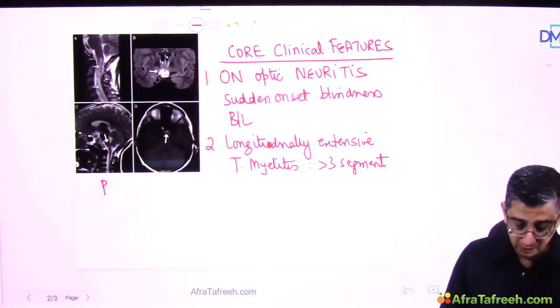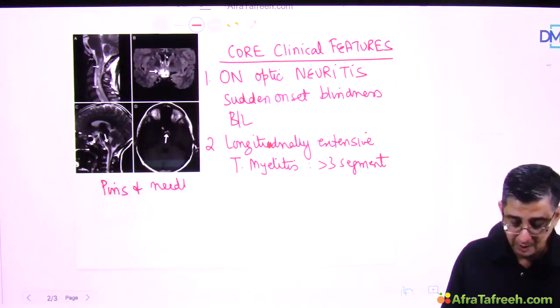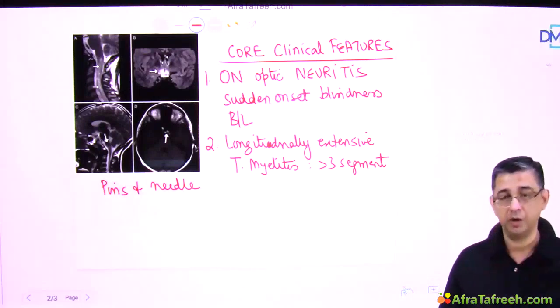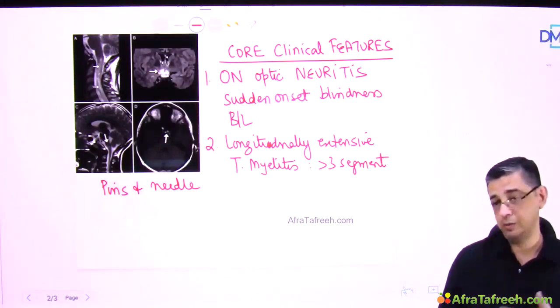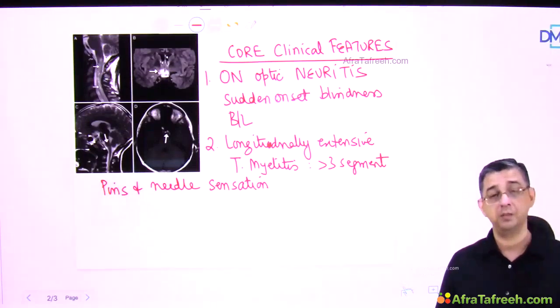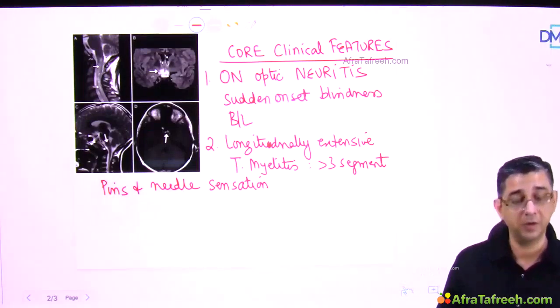How the transverse myelitis will present initially could be something as simple as the person might say that I feel as if somebody is poking me with a pin all over my body or half my body, or maybe on both the limbs, or maybe one arm. So pins and needles sensation, unpleasant, painful sensation that might awaken the person from sleep is the initial presentation.